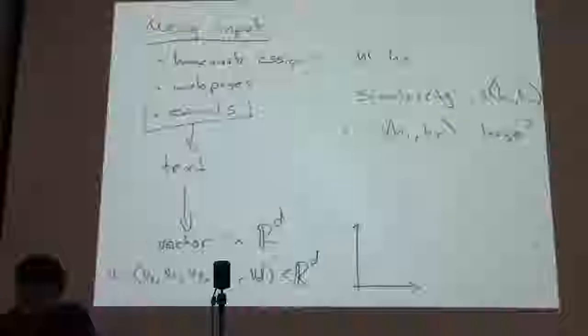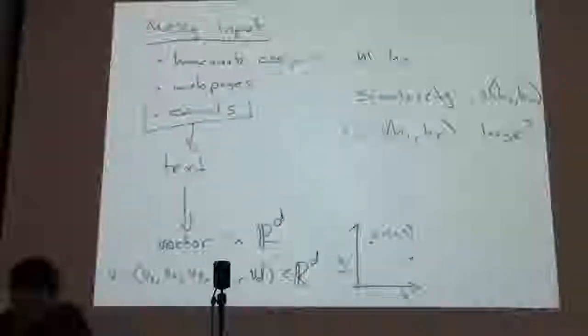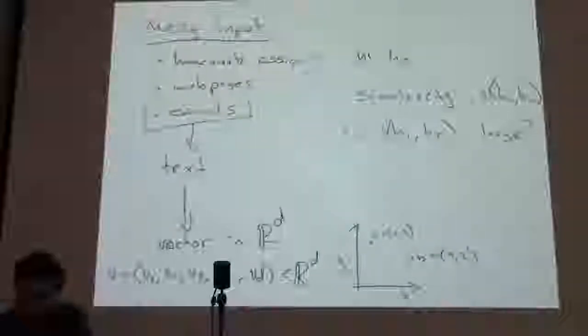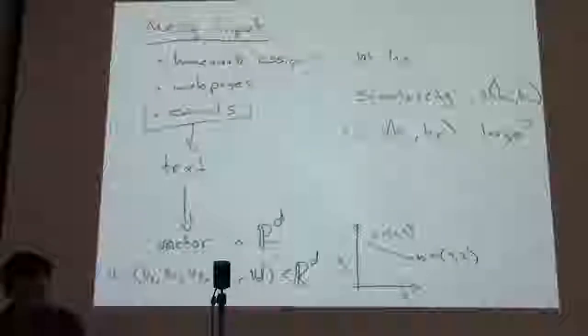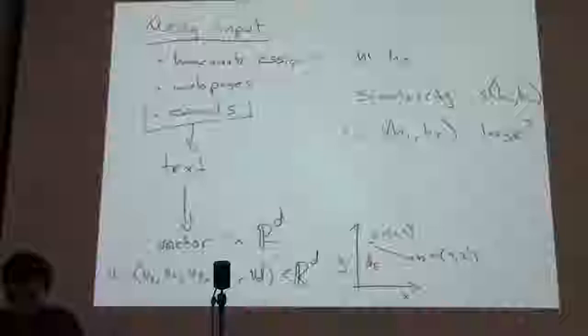Let's just do a simple example here. So I have an x-coordinate and a y-coordinate, and I'm going to have a equals, let's say, (1, 3), and then b here is going to be (4, 2). The simplest distance is the Euclidean distance between them, which I'll write as d_E between a and b, or the 2-norm of a minus b.